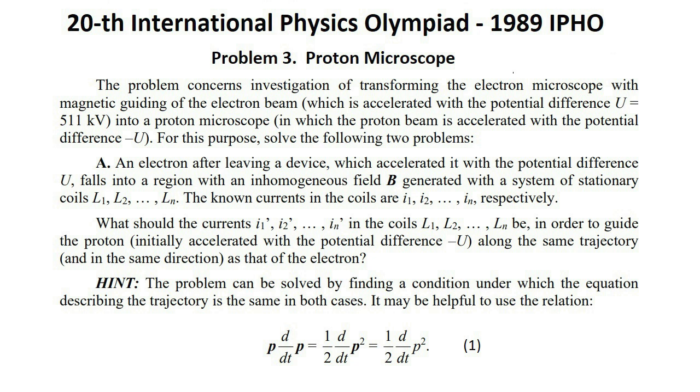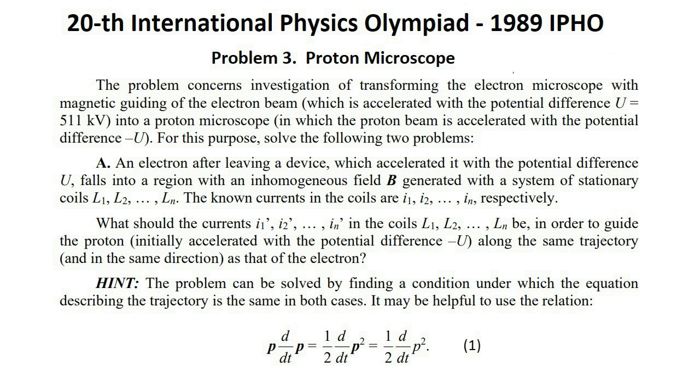Question A. An electron, after leaving a device which accelerated it with the potential difference U, falls into a region with an inhomogeneous field B, generated with a system of stationary coils L1, L2, etc. till Ln. The known currents in the coils are I1, I2, etc. till In, respectively.